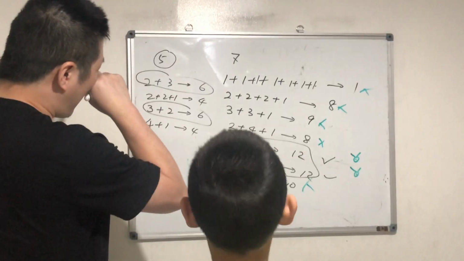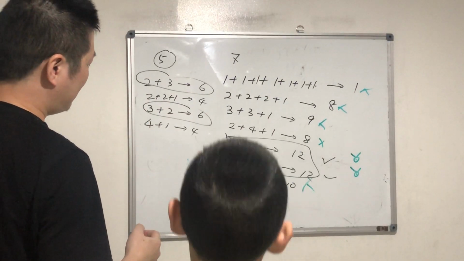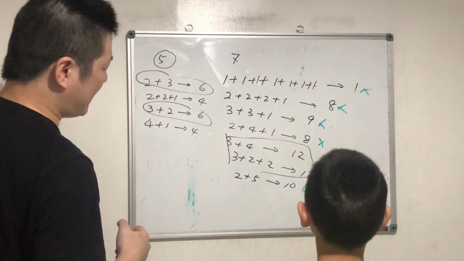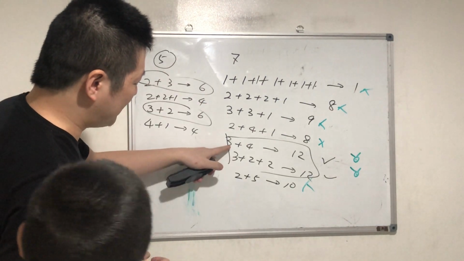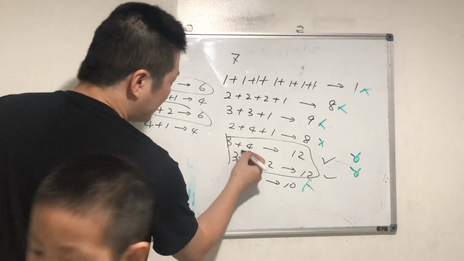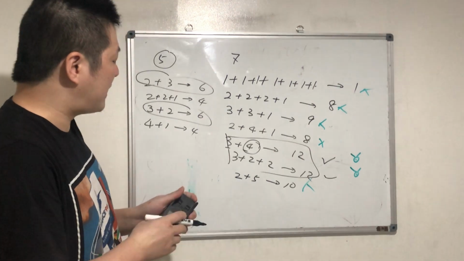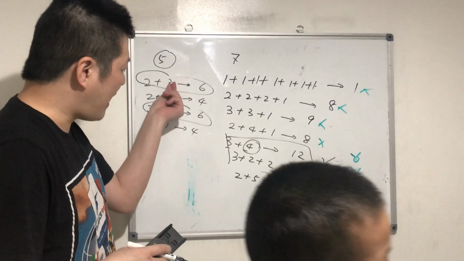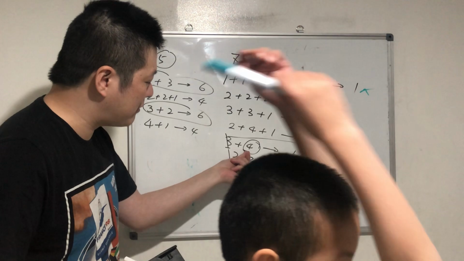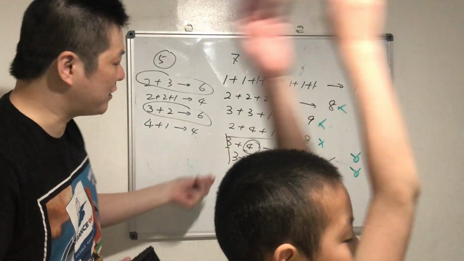If it's 5, we can split into 2 and 3, which is the optimum, because 3 is preferred. And the 7, we split into 3 and then 4. We keep giving a 3 until the remainder is less than or equal to 4. That will give the optimum.